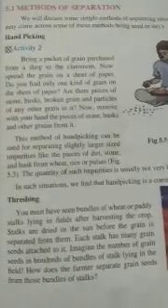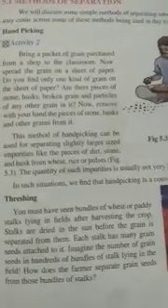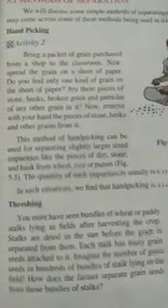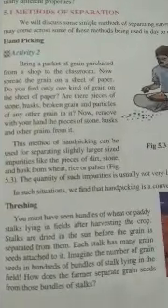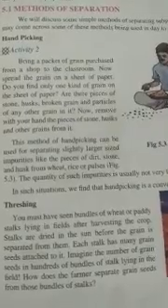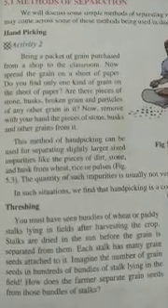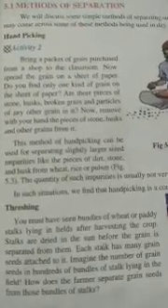You have seen the bundles of wheat or paddy stalks lying in the fields after harvesting the crop. Stalks are then dried in the sun before the grain is separated from them. Each stalk has many grain seeds attached to it.